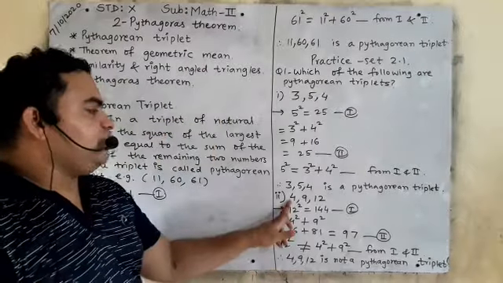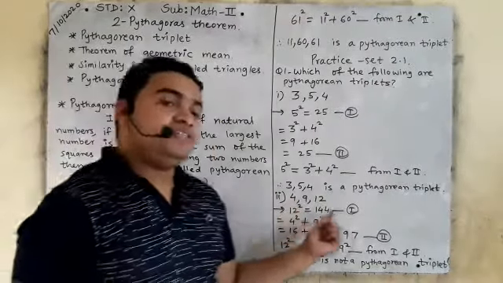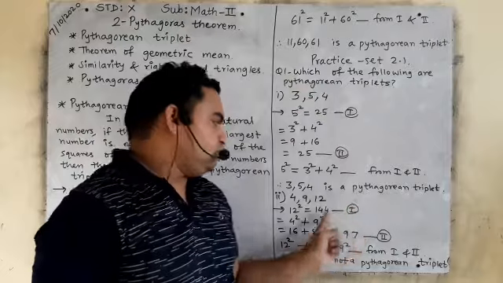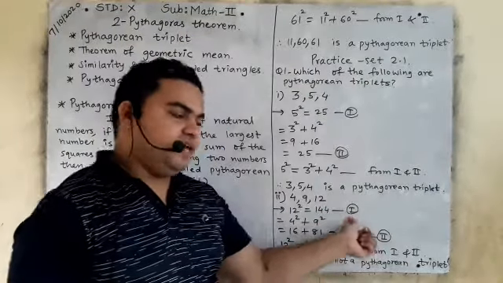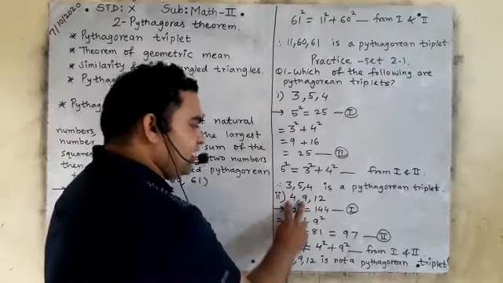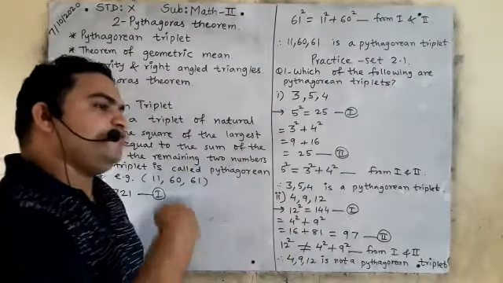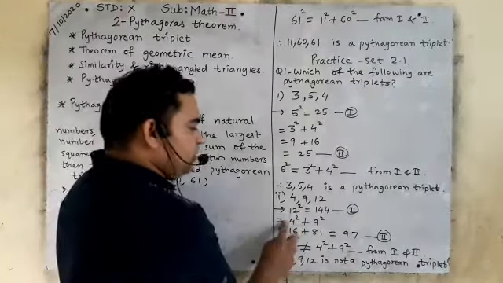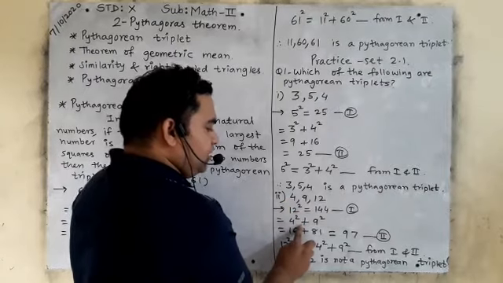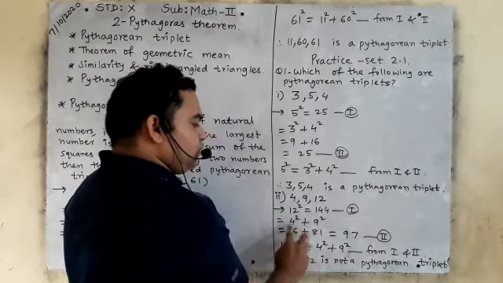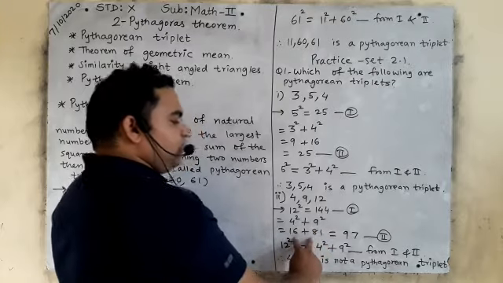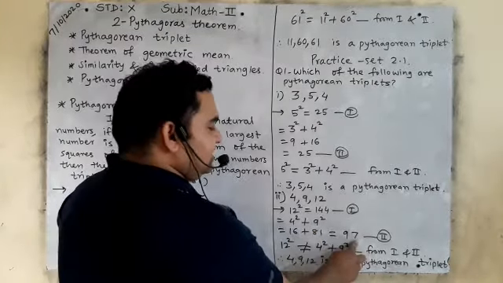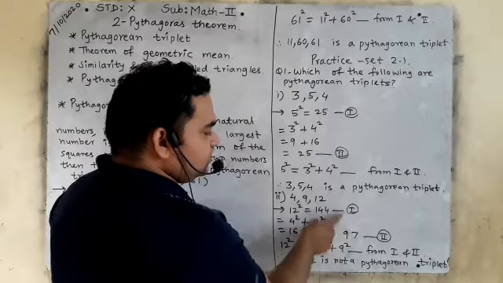Now look at the second question, 4, 9, 12. Which is the largest? 12. So square of 12 is 144. That is your first answer. Which two numbers are left? 4 and 9. So the sum of the squares of the two remaining numbers: 4 square plus 9 square. 4 square is 16 plus 9 square is 81. The sum of the squares of the two remaining numbers is 97, which is not equal to the first answer.